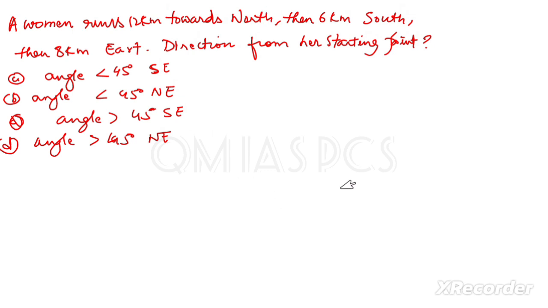Okay, simply you can say this is the east, west, this is north, this is south. So moving towards which direction? Towards north. So this is your center point. Towards north means this is the north, 12 kilometer.